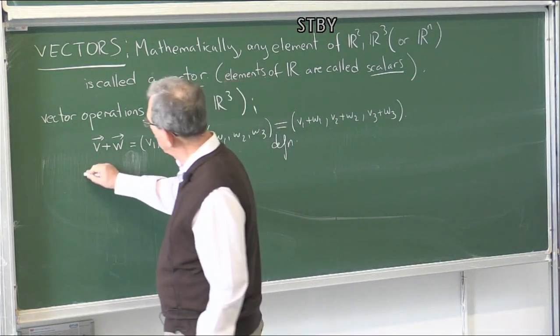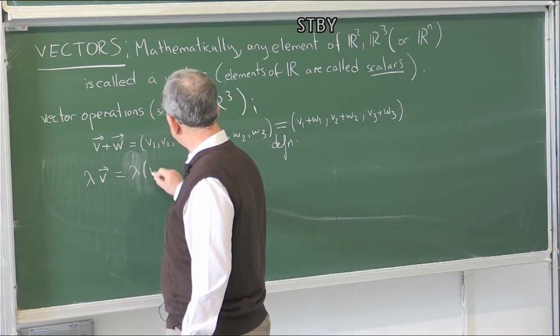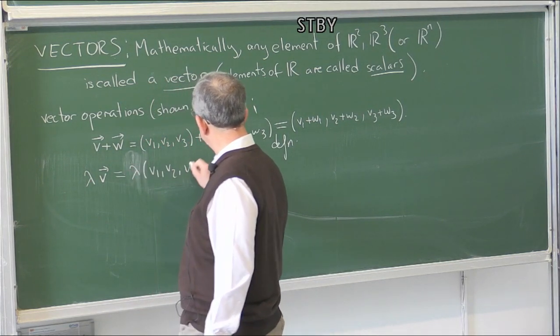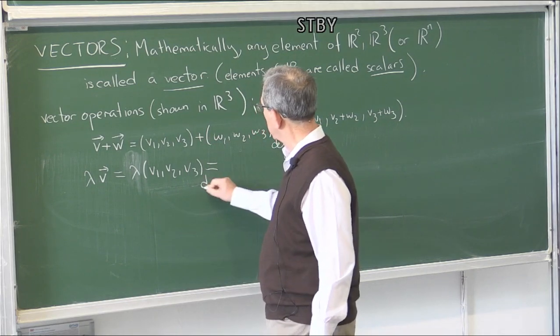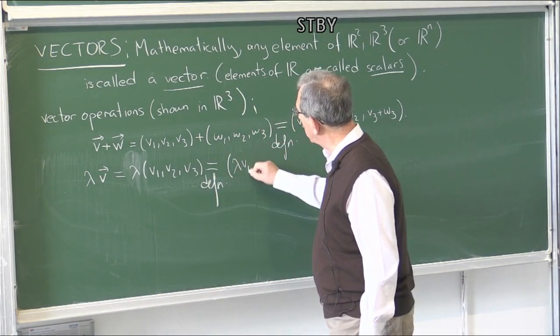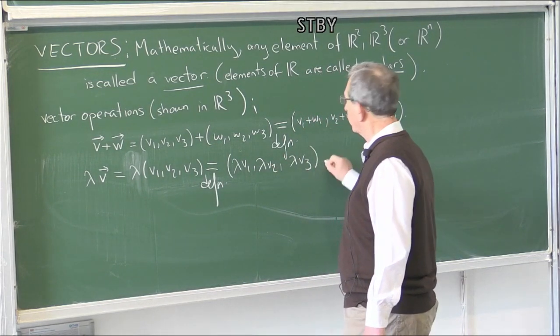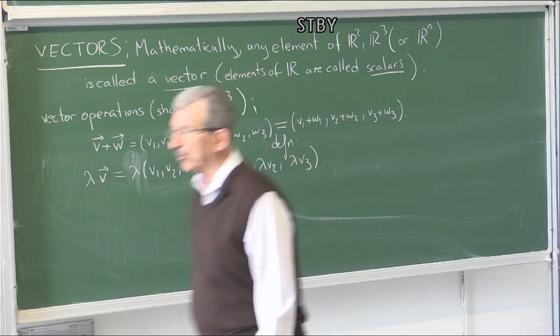And a scalar times a vector is defined, again component-wise, as lambda V1, lambda V2, lambda V3.